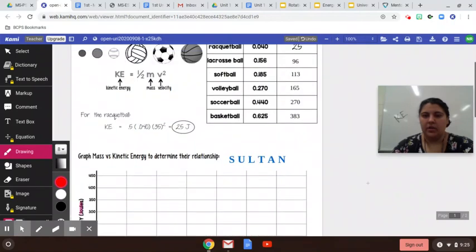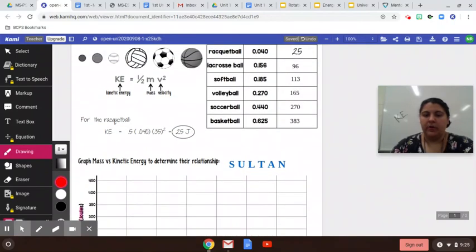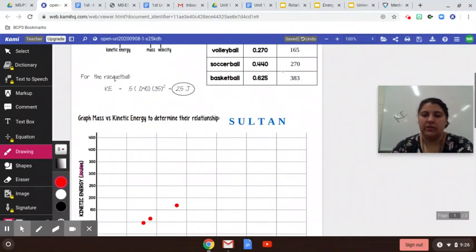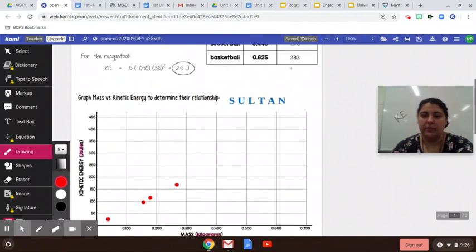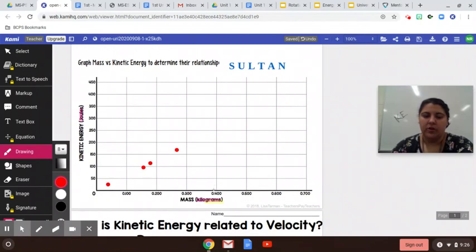Okay. Next one is 0.440 kilograms, and that has 270 joules of kinetic energy. So 0.440 and 270. So I'm on the soccer ball right now. So 0.44. So this is going to be 0.45. So I'm going to go just a little bit here.